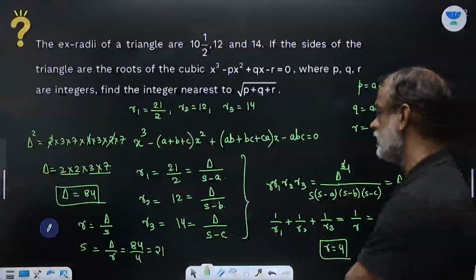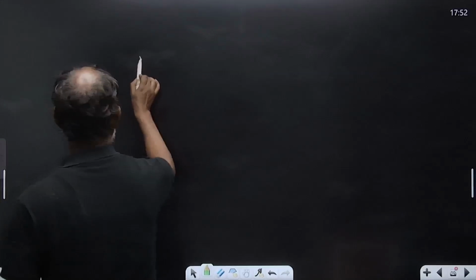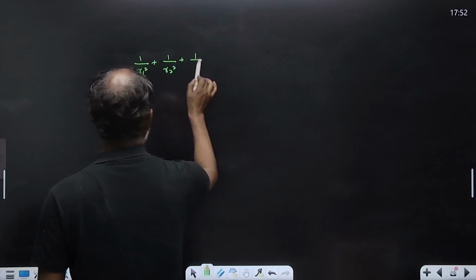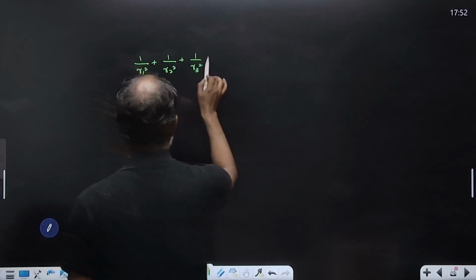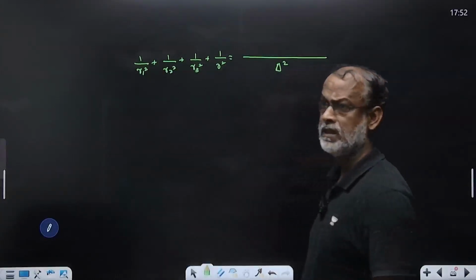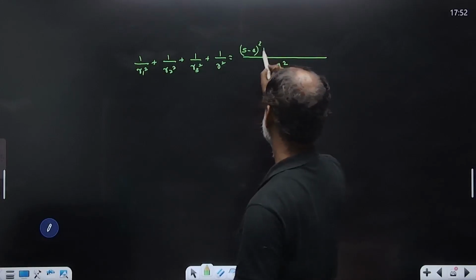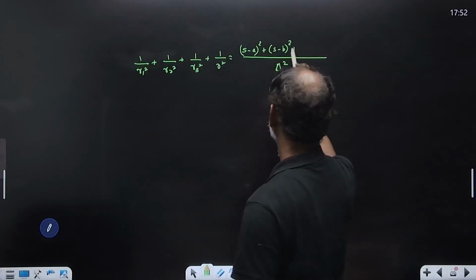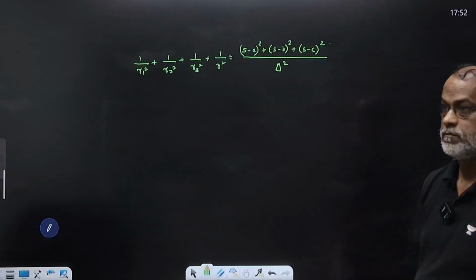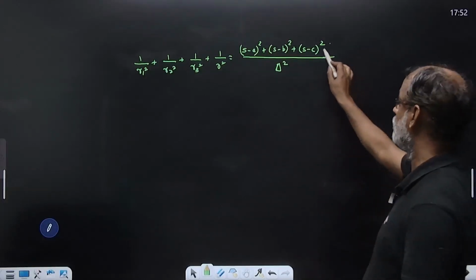Okay. Now, you see another important result that we have is 1 by R1 square plus 1 by R2 square is delta square S minus A, S minus B. So, you have plus S square.